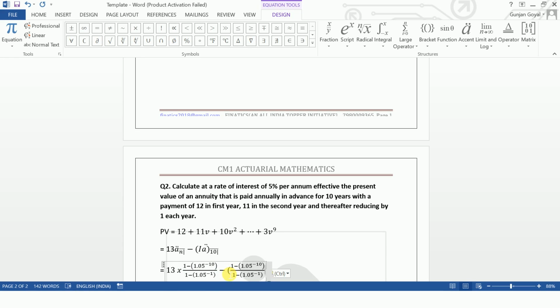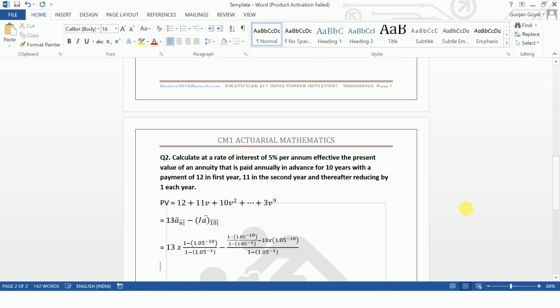Then you have minus 10 into 1.05 to the power minus 10, and the whole divided by 1 minus 1.05 to the power minus 1 in the denominator. Now you just need to solve.